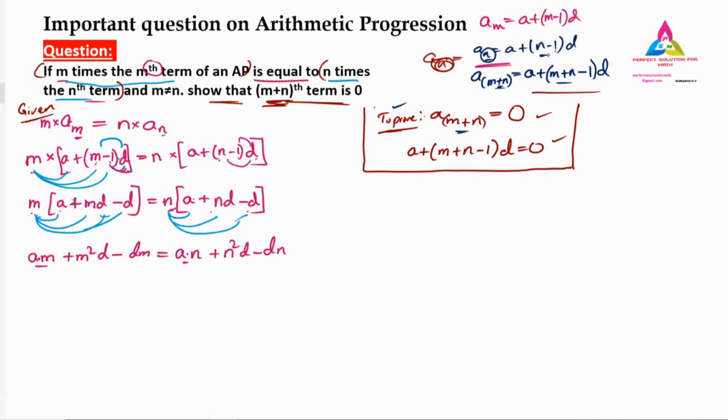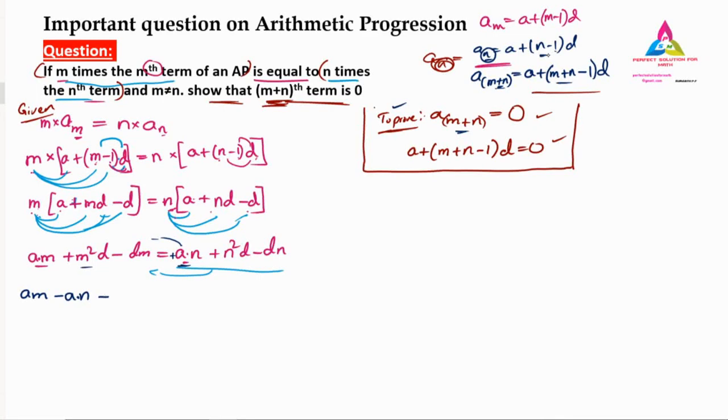Now we have to bring everything to one side. This all what we have on the right hand side, that everything I will bring to the left hand side. What will happen? am I will write down as it is. So here also an we have. If we bring this an on the left hand side, what will happen? Here we have plus actually, so it will become minus an, a into n.